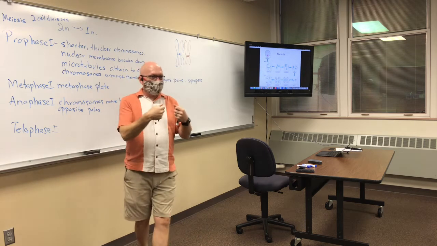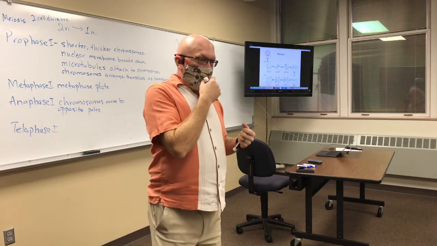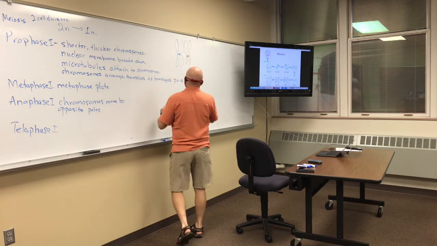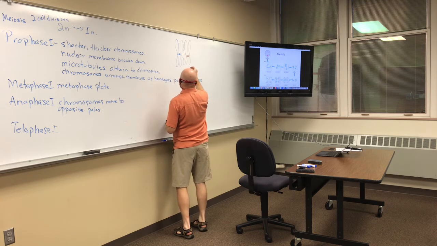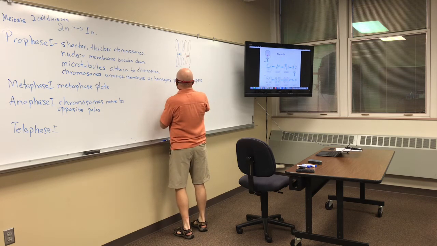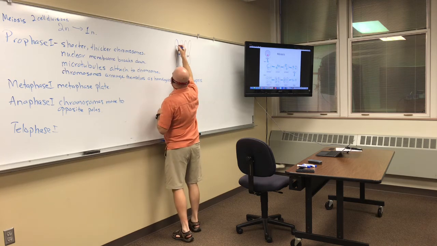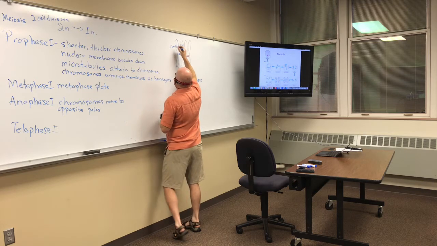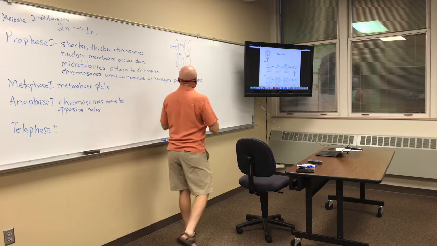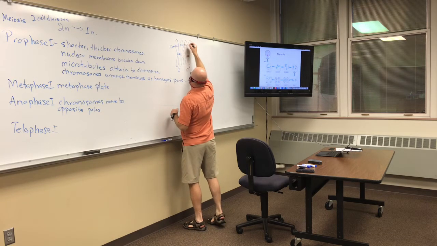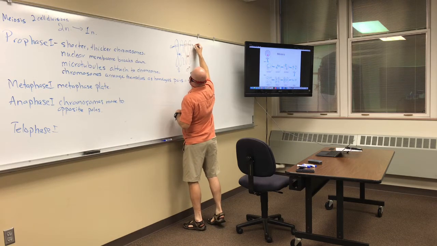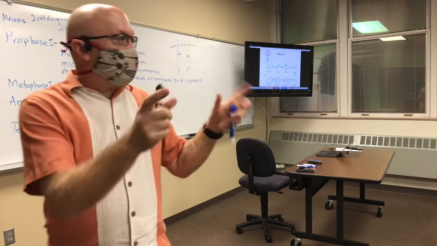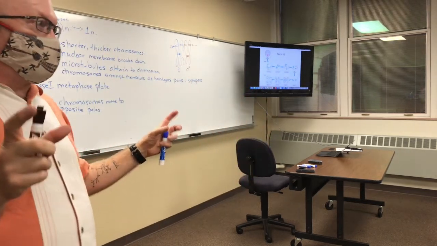And I draw them in different colors because one of these chromosomes in you came from your dad. One of these chromosomes came from your mom, which means that if your mom has green eyes, the gene for green eyes is there for your mom, and your dad has brown eyes, and the gene for that is located there. And so they have the same genes even though they can have different alleles for those genes, different forms of that gene.